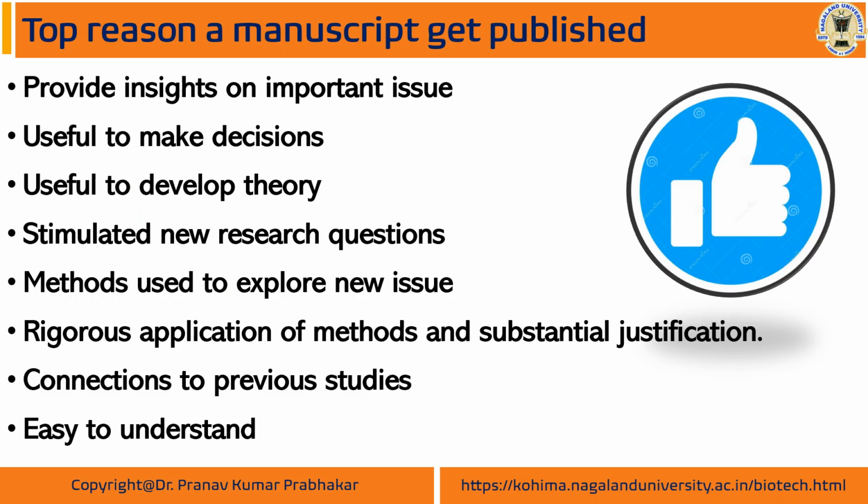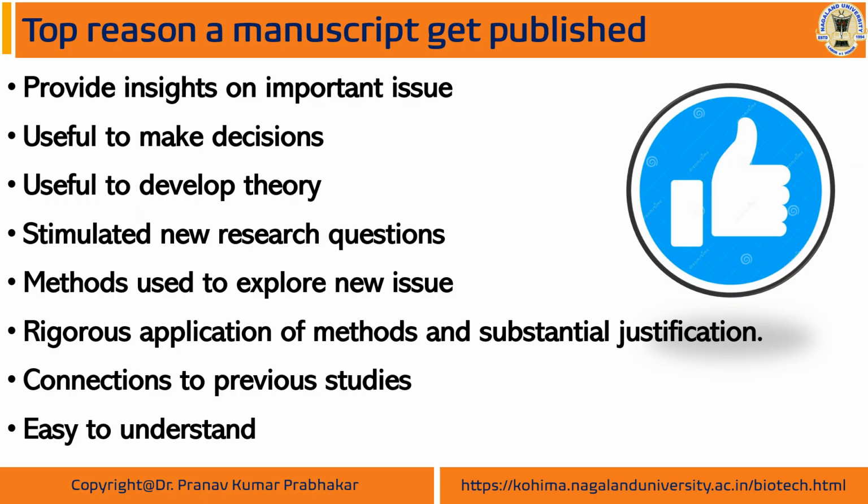Once you submit a paper, sometimes it gets accepted in the first go, or sometimes it gets rejected. There are a number of reasons why a paper gets accepted. There might be reasons like you are providing very important information, or it is a very easy paper for the editorial office or the reviewers to make a decision on, or you are talking about an important theory.